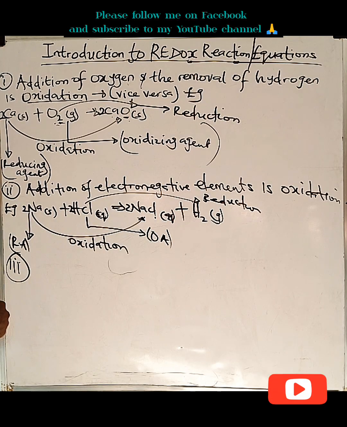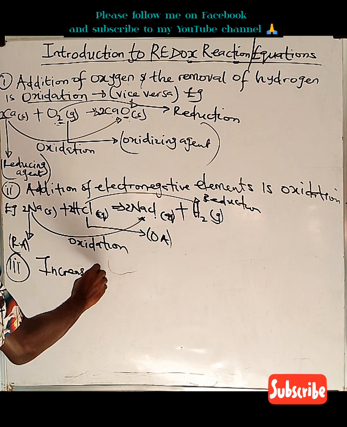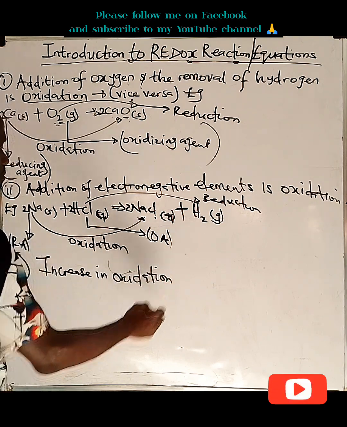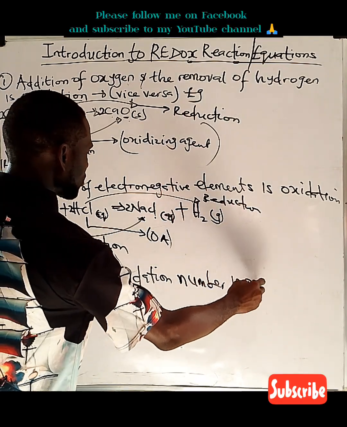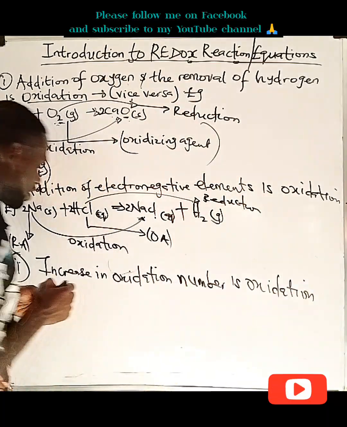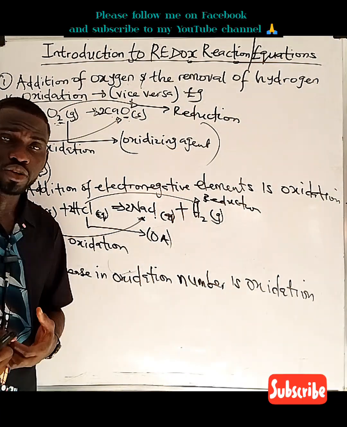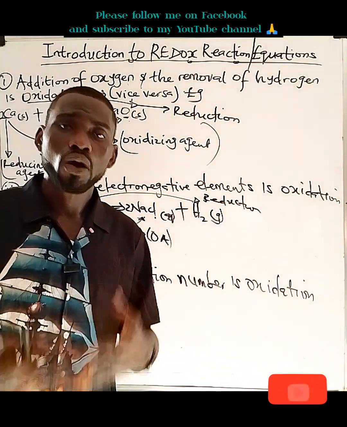The third point is simply this: an increase in oxidation number is oxidation. Vice versa, whenever we have a reduction in oxidation number, we call it reduction.